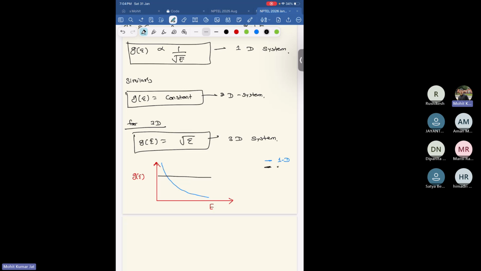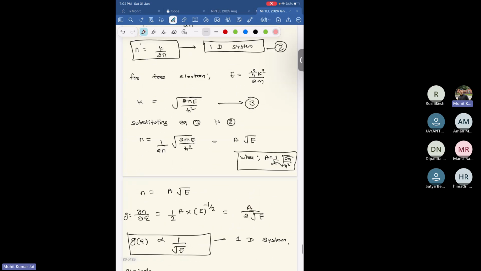This color means 2D. And for 3D, I'll take some other color, maybe this one. This is how it will be for 3D. That's how your density of states will go for 1D, 2D, and 3D systems.